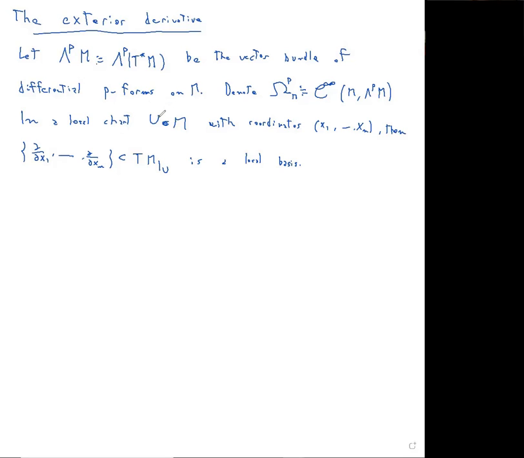It means that this U is diffeomorphic to some open subset of R^n. And on R^n, we have these standard coordinate derivations, and we just import them via the local chart, because it's a diffeomorphism.